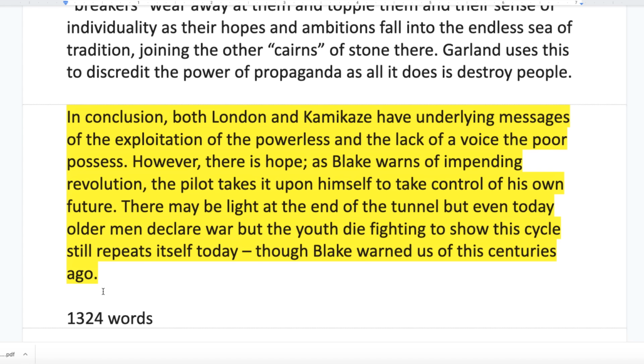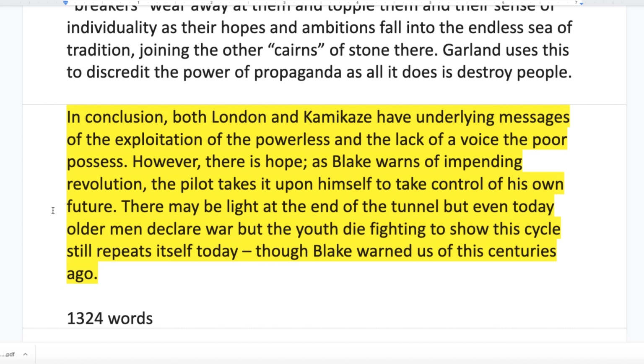The other really useful bit of preparation Adam's put in is he's decided in advance what his conclusion is going to be. In conclusion, both London and Kamikaze have underlying messages of the exploitation of the powerless and the lack of a voice the poor possess. However, there is hope. As Blake warns of impending revolution, the pilot takes it upon himself to take control of his own future.